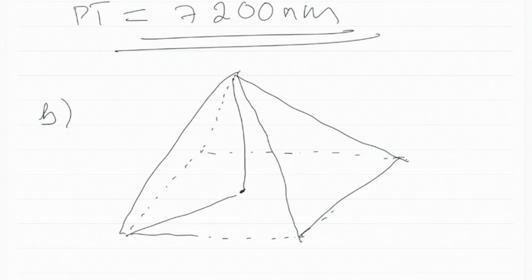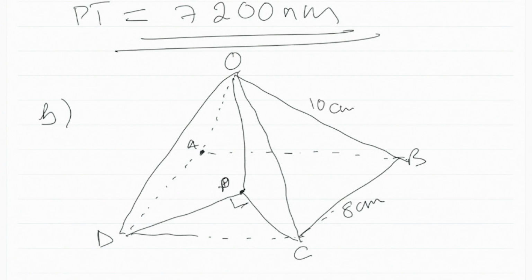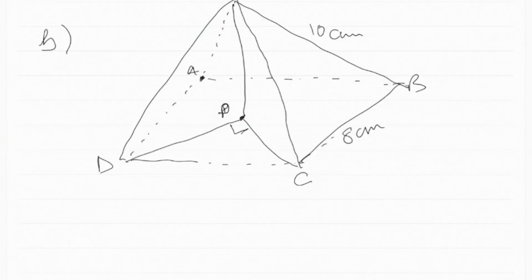We have this line slanting to the center, making an angle of 90 degrees here, and this point is called P. Then we have D, C, B, O, and A here. This point is A. This point is P. Now, we've also been given the dimensions. CB is 8 centimeters, and we have 10 centimeters according to the question.